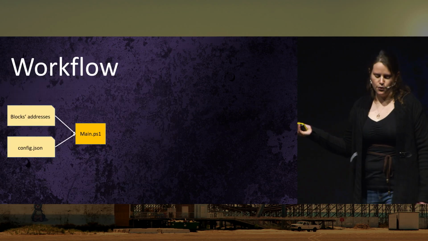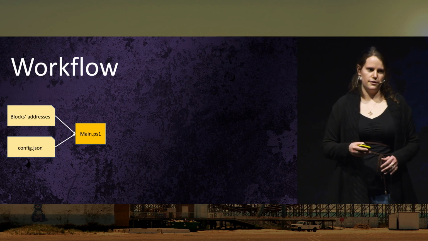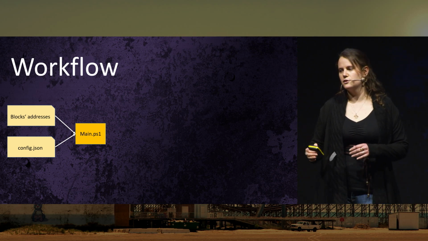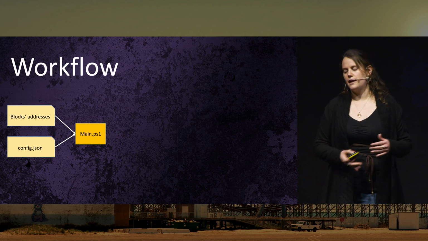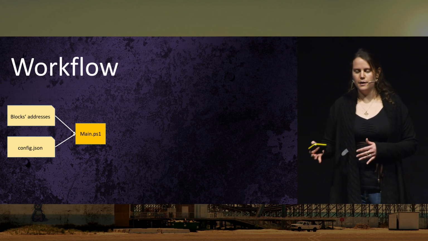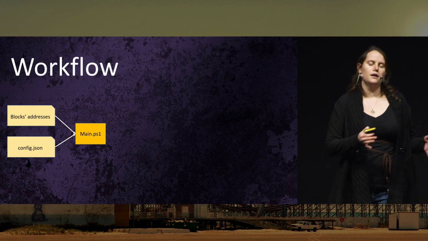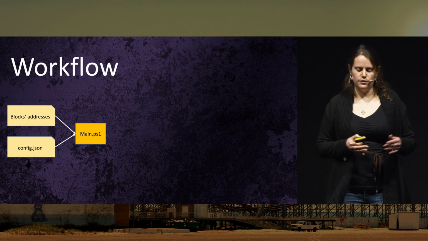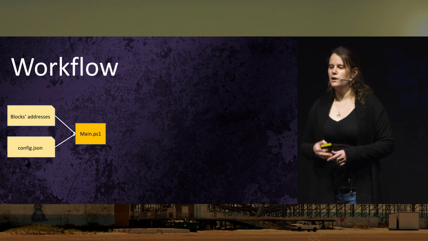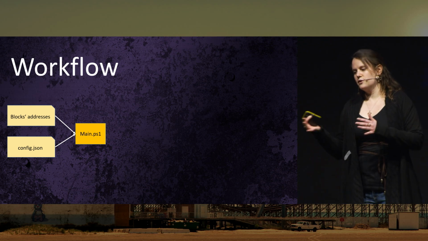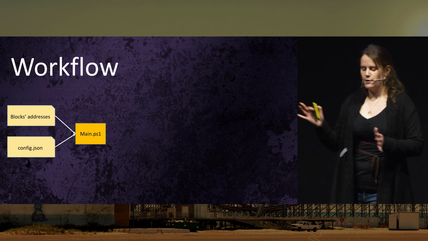So the workflow is as follows. First, the user, and that's the only mandatory input, needs to prepare a config.json file with some minimal data like the VM name, checkpoint name, VM username, password, IO ports, those kinds of details. Also, if possible, block addresses are encouraged. I'm coming back to that later.